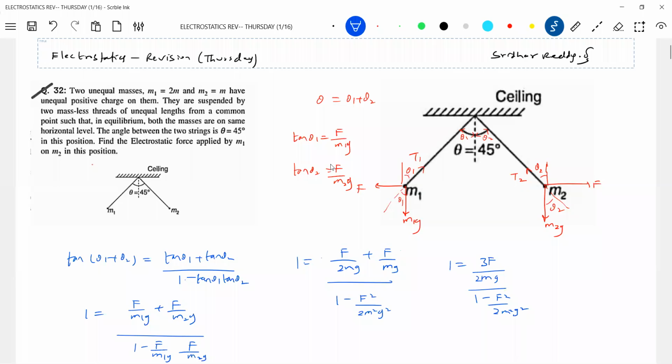I think this is a purely quadratic equation. Solving for F will get the required answer. Now you do the calculation later on. Let me write the answer.